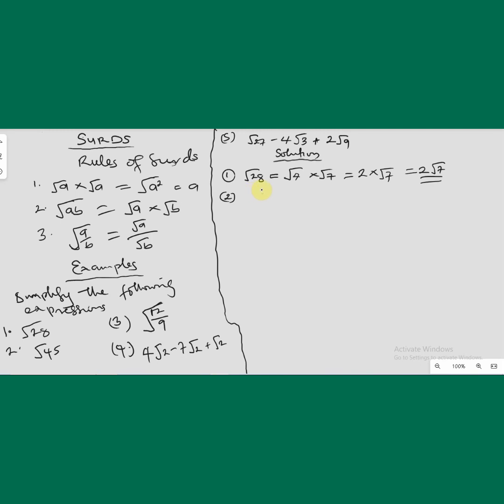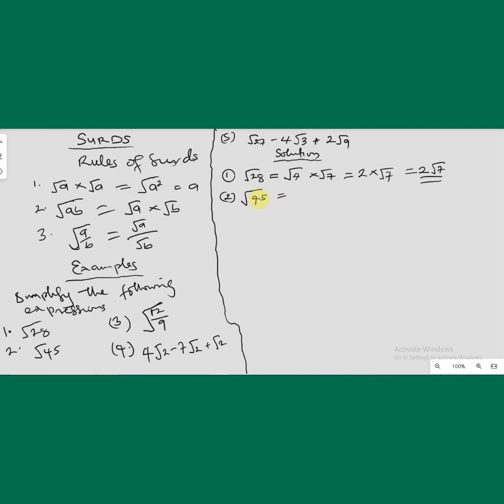So I'll be looking at the second question, which is surd 45, or rather square root of 45. So square root of 45 will be equal to, so I'll do the same here, applying the first law, trying to break 45, to simplify 45.